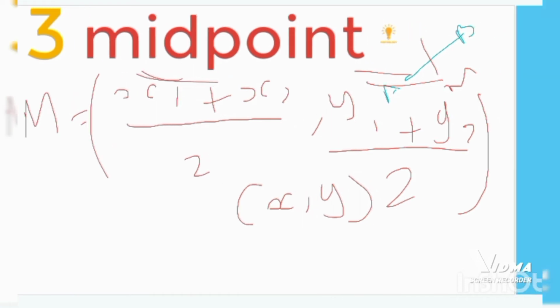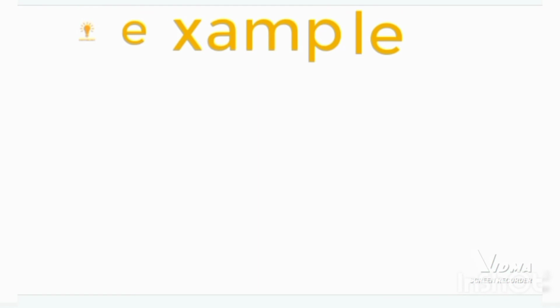And let's do an example. So we'll use the very same points that we were using before, which is A (1,3) and B (8,2). And it's the same here as well.